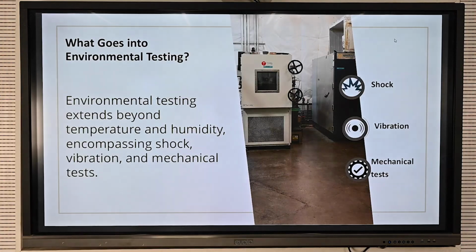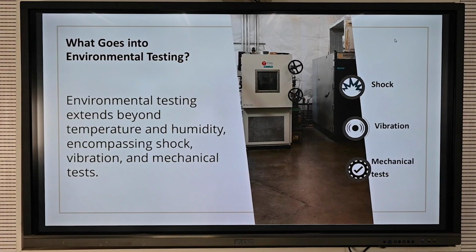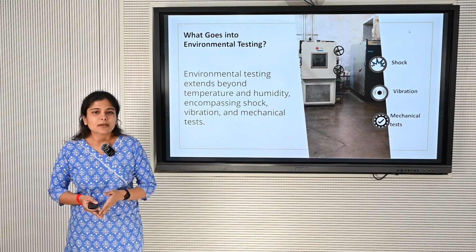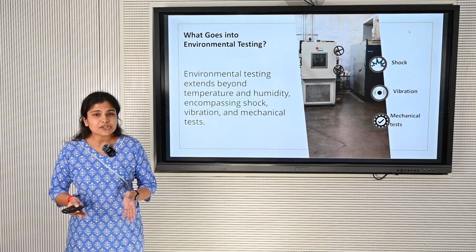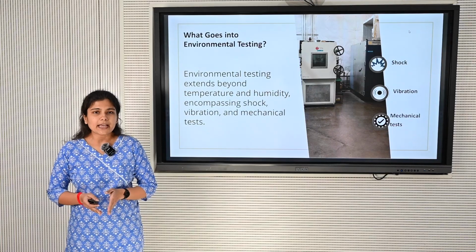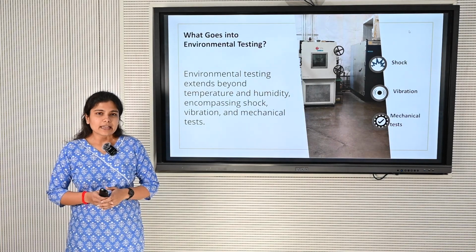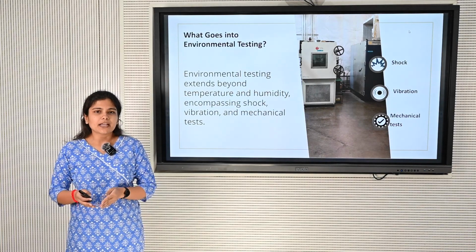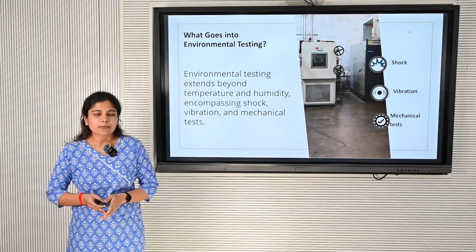So what goes into environmental testing? Now we are talking about temperature, humidity. But do you know vibration, mechanical structures, mechanical shocks, pressure conditions also play a pivotal role in the proper functioning of that electrical and electronic product.